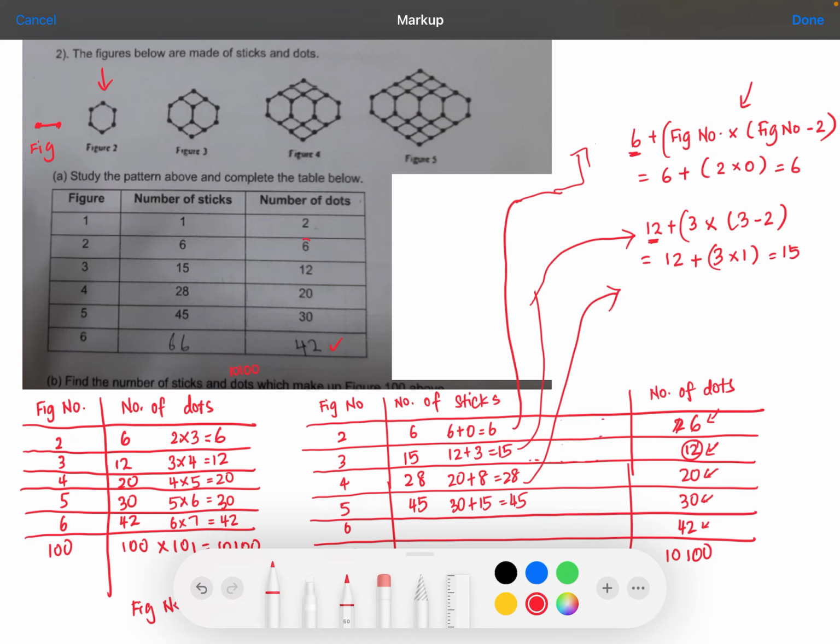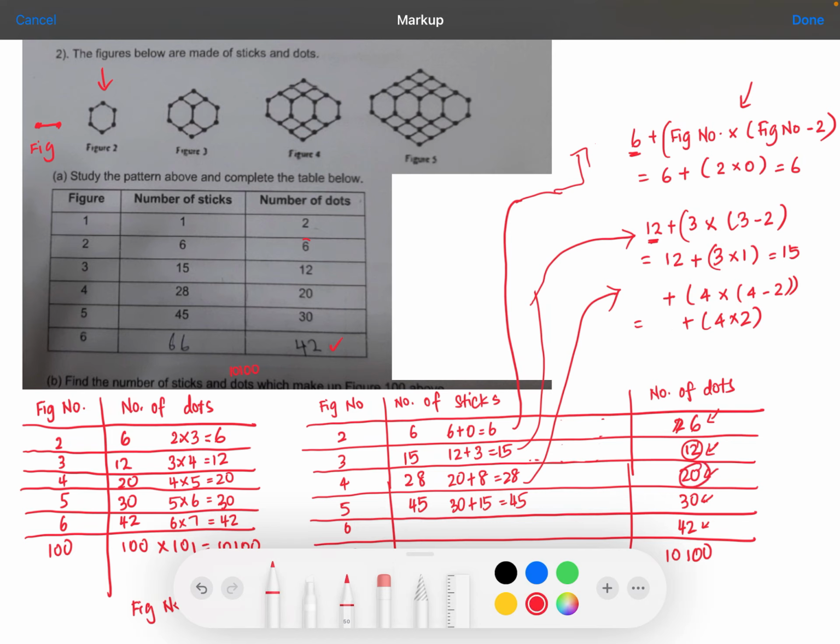I will get 28 plus my figure number, which is 4, times 4 minus 2. So this will be 28 plus 4 times 2. Oh, sorry, over here is 20. It's not 28, it's 20.